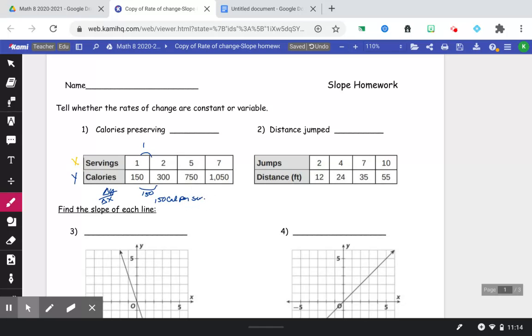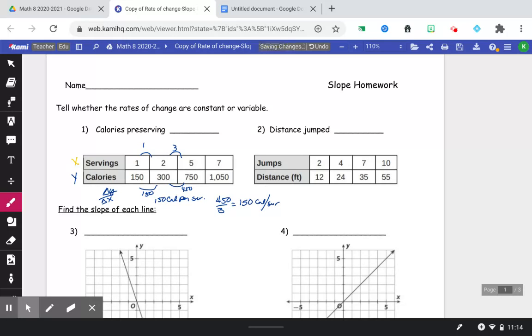Now, if I do the same thing between 2 servings and 5 servings, the calories increase by 450, but the servings are increasing by 3. So if you look at that ratio, 450/3, it still reduces down to 150 calories per serving.